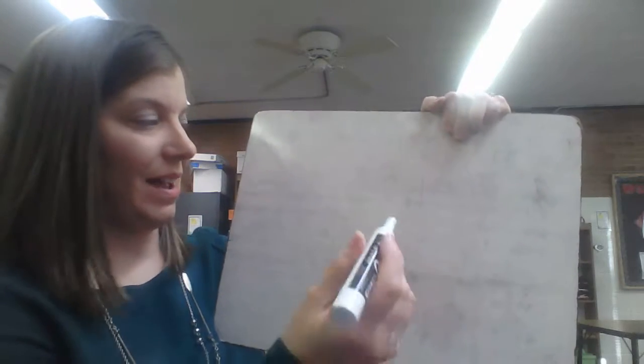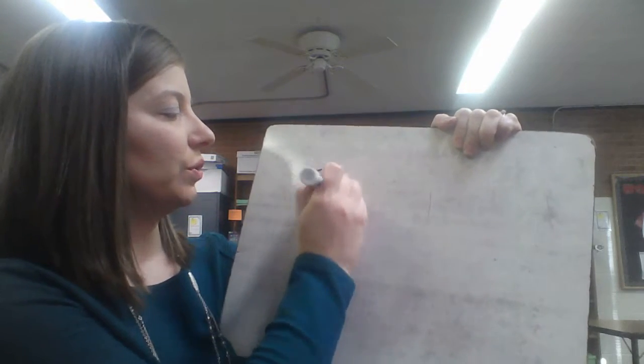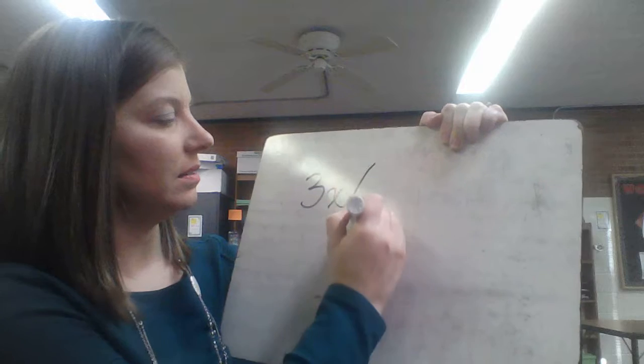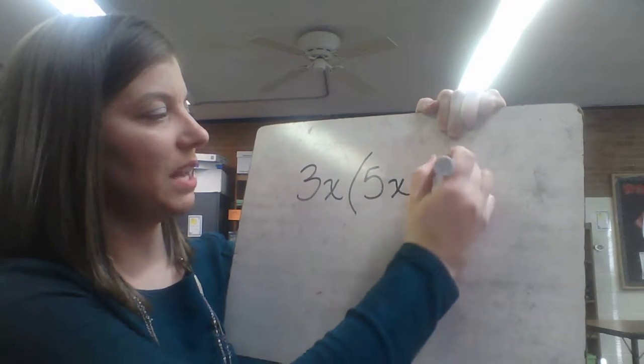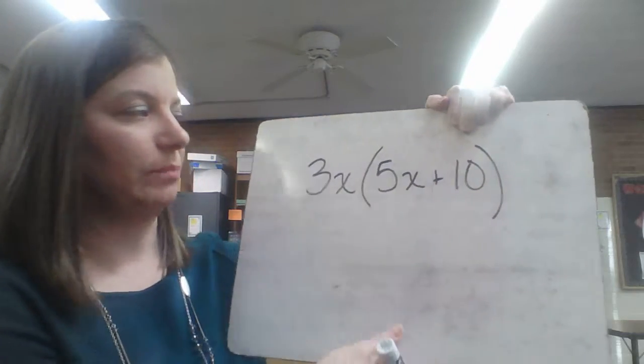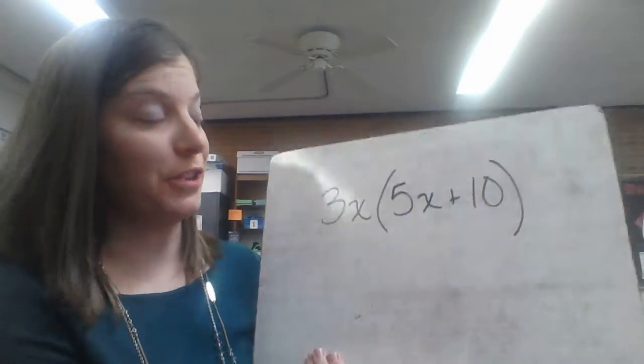All right. Now I'm going to show you a problem that puts a variable on the outside, okay? So 3x, and then let's do 5x plus 10. Now you have to be careful here.